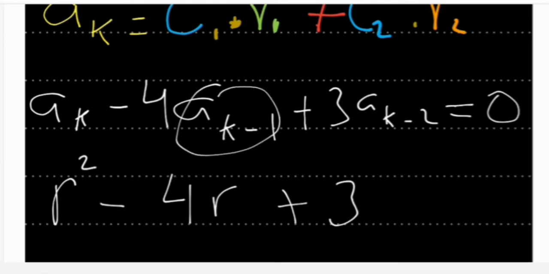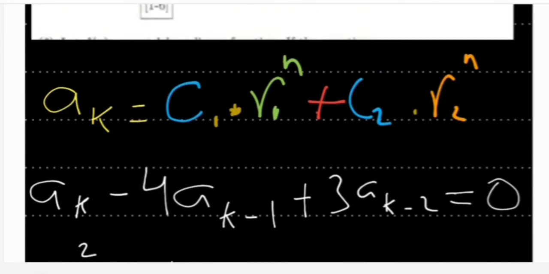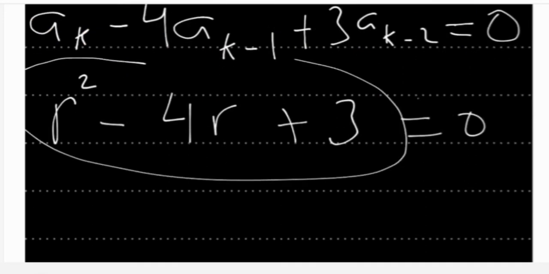So a_(k-1) you will represent with r, and a_k by r squared, okay? So why? Because it is a recurrence of second order, and in the future when I understand this subject better, I will try to explain the theory better, with more examples. So this is equal to 0. Now r1 and r2 are the roots of this, the solution when it is equal to 0.